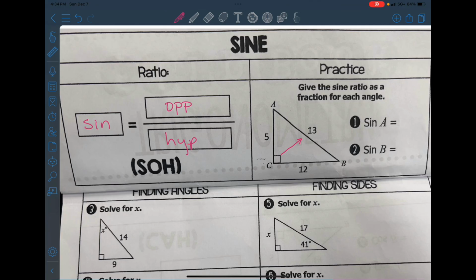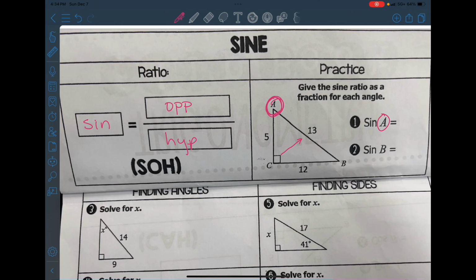So if we're looking at sine, which is opposite over hypotenuse, and it says sine of A, we look at this angle, and the opposite side to angle A is the side that does not touch the angle.